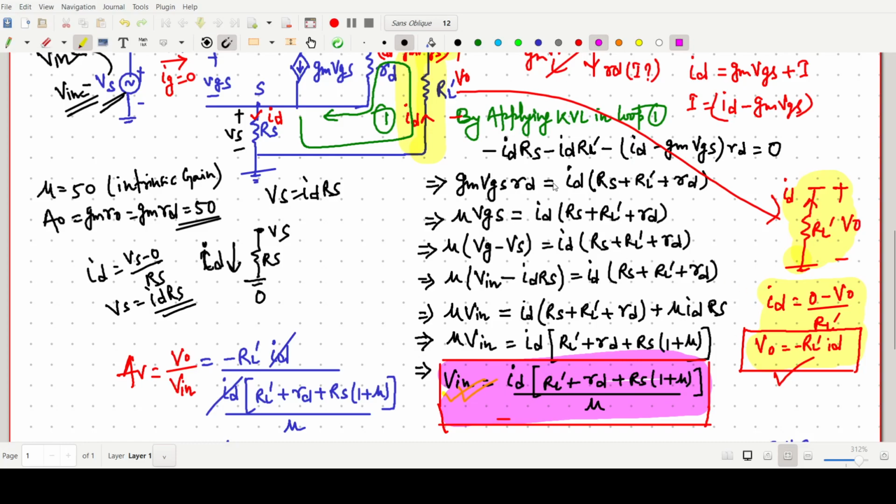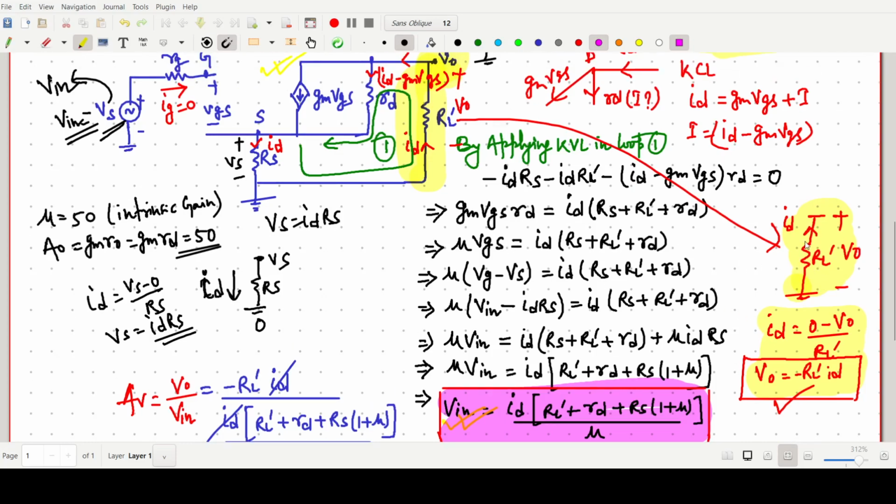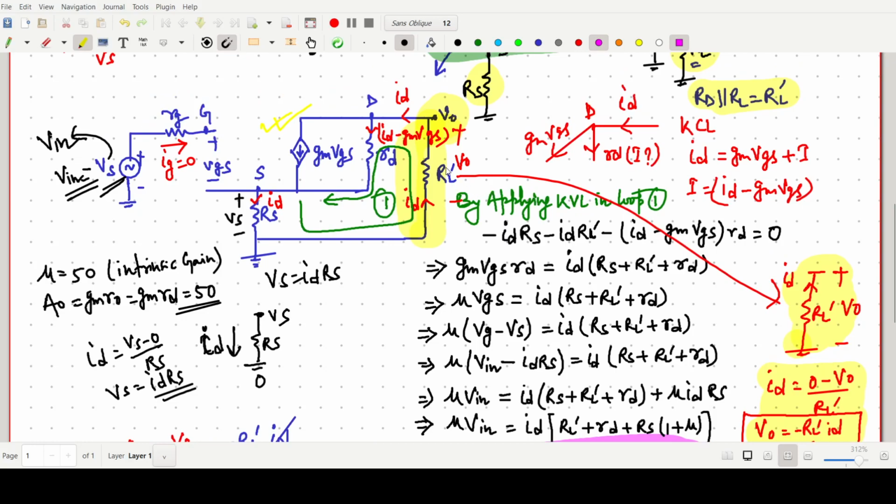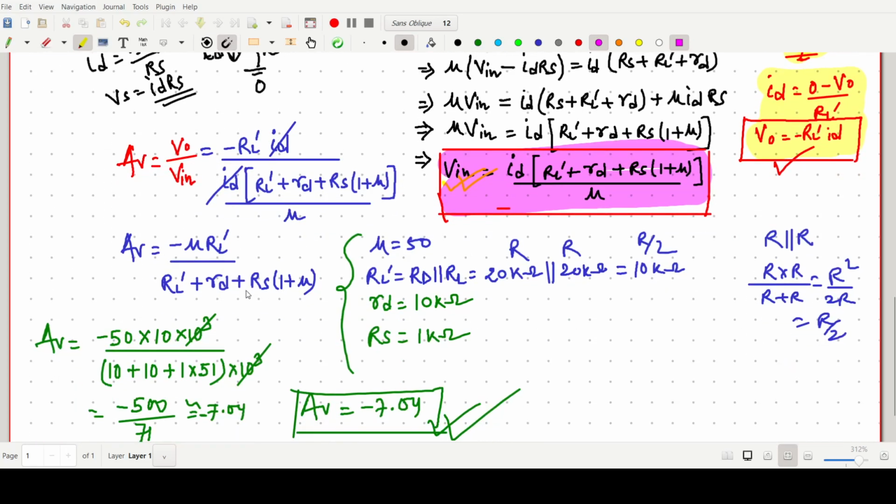Then for the other one, we have to find V naught, so V naught is minus RL dash into ID. From here we can easily find the value. Then if we put it in, the final expression for the gain will be like that. So there is no need to remember the formula; you have to calculate like that.